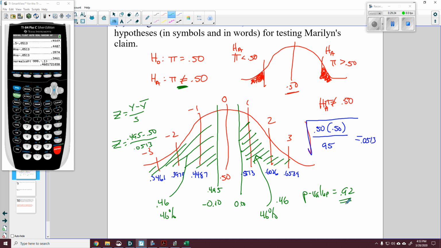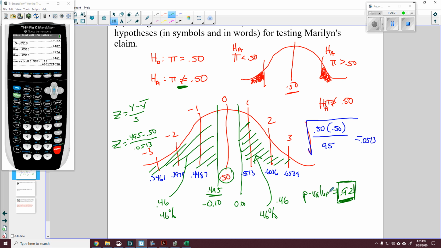Well, that's a very large p-value. That's saying there's a very large probability that if the population proportion is half the games have Big Bang, well, there's about a 92% chance that what I got, less than or even greater than 0.50, could happen just by randomness.